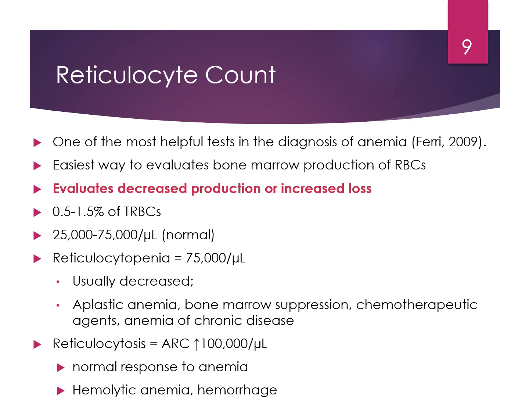So you have some type of suppression, as in chemotherapy or even aplastic anemia. However, if it is elevated greater than 100,000, then we call that reticulocytosis. That's normally what we get when we see the body trying to respond to maybe having some blood loss. It's trying to overcompensate.